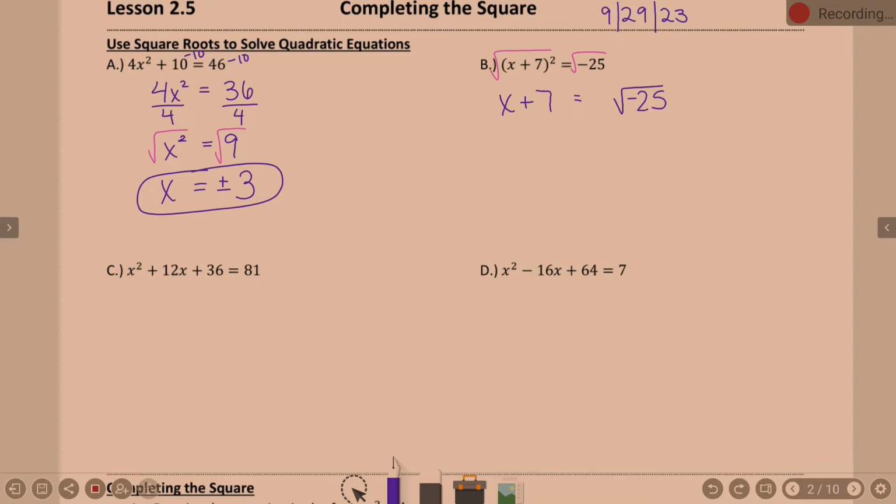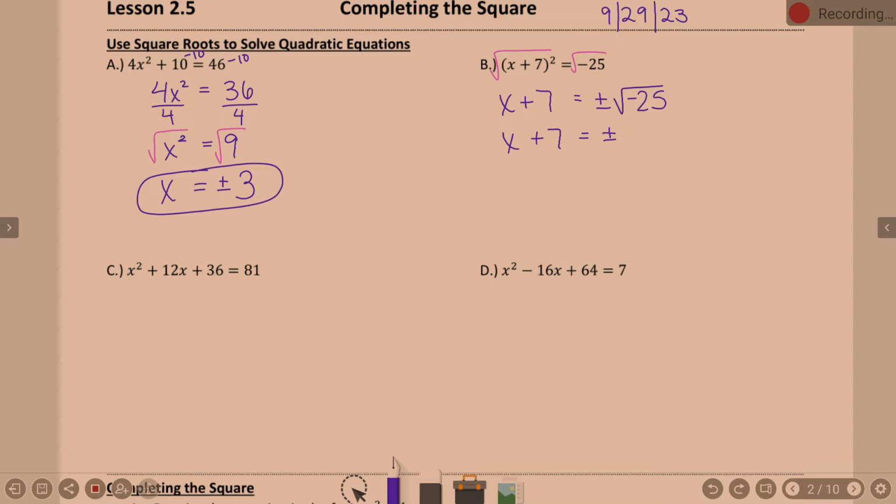Plus or minus. So we've got a plus or minus there. Because what have I been saying? When you take the square root in an equation situation, you have to account for both possibilities. Now, what is the square root of negative 25?